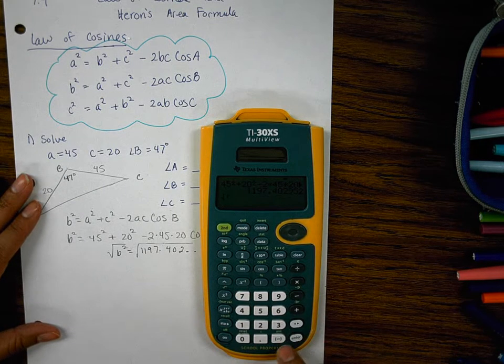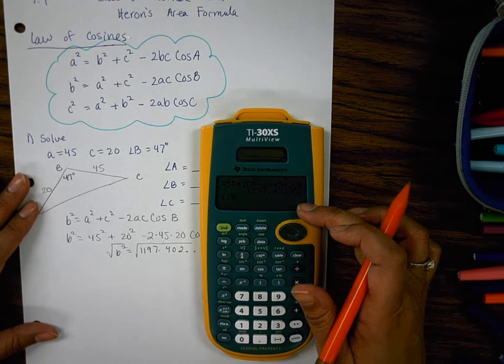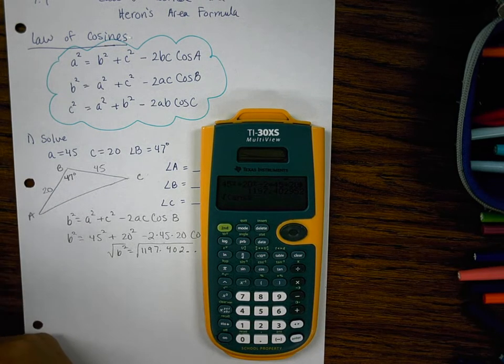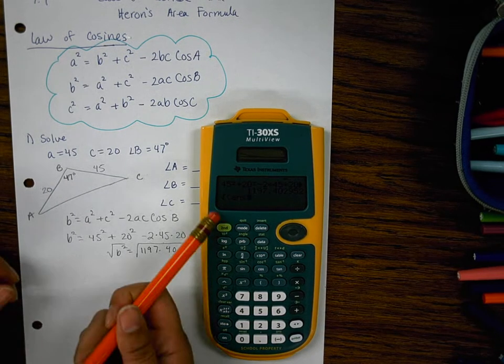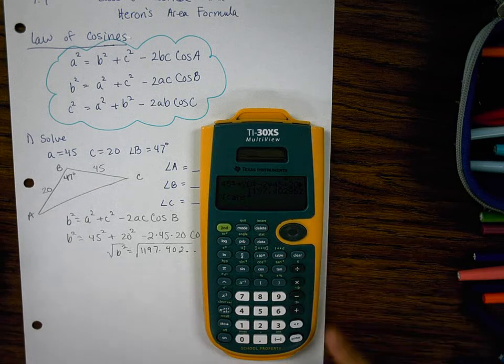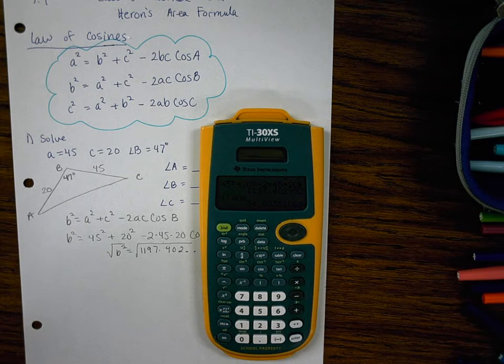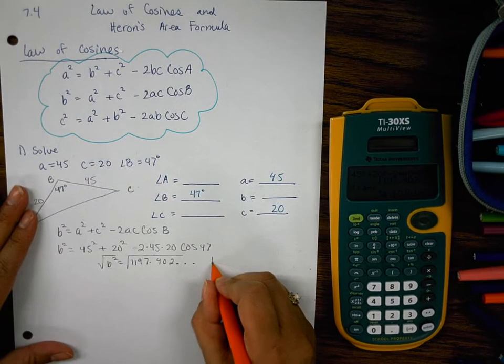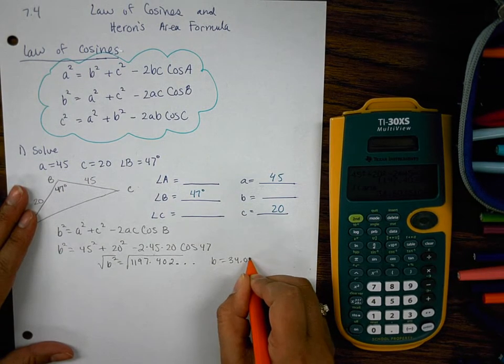To square root both sides, you do second square root, and then rather than retyping that number in, you hit second answer. That's going to tell the calculator to take the square root of your last answer. Enter, and then now we're going to round. 34.604.